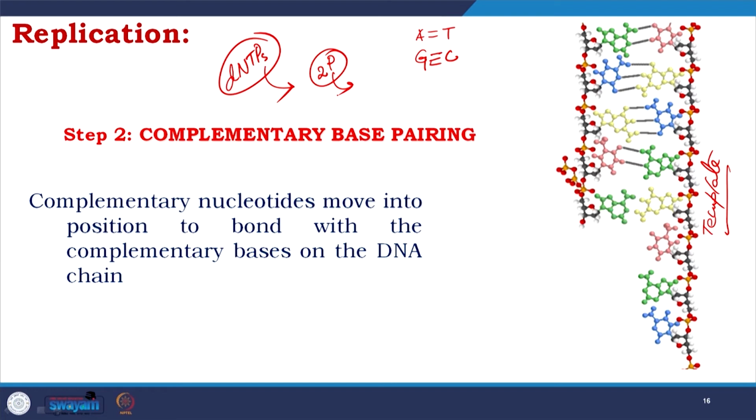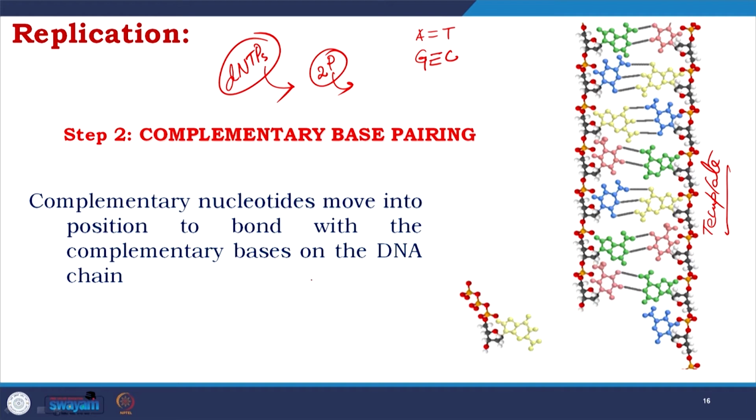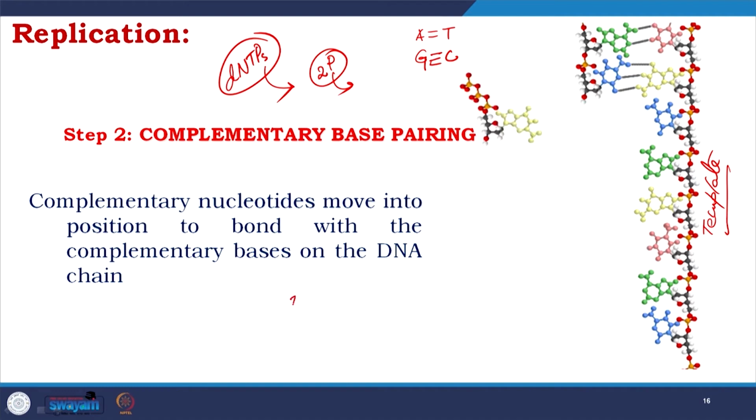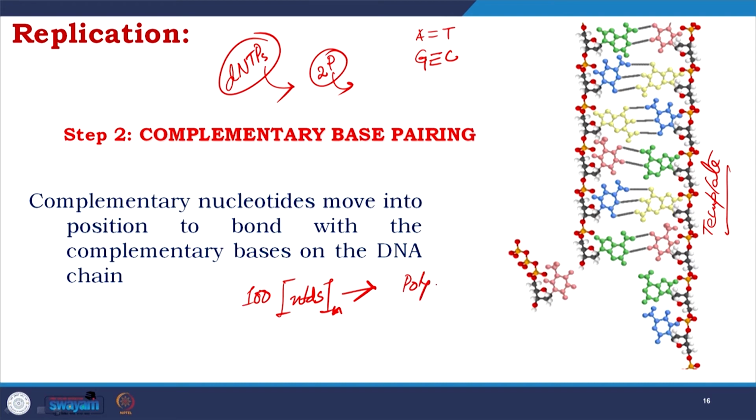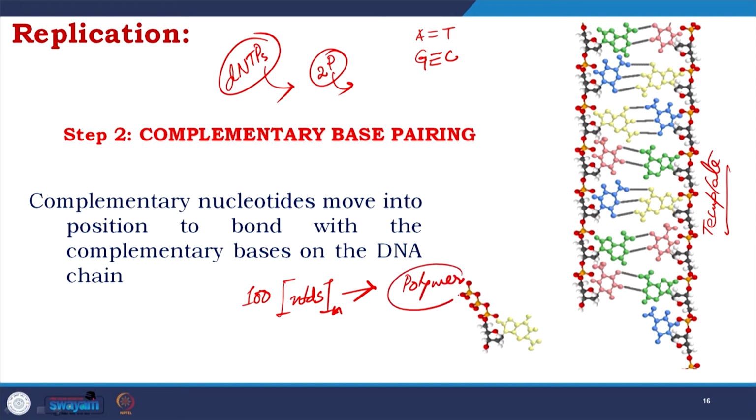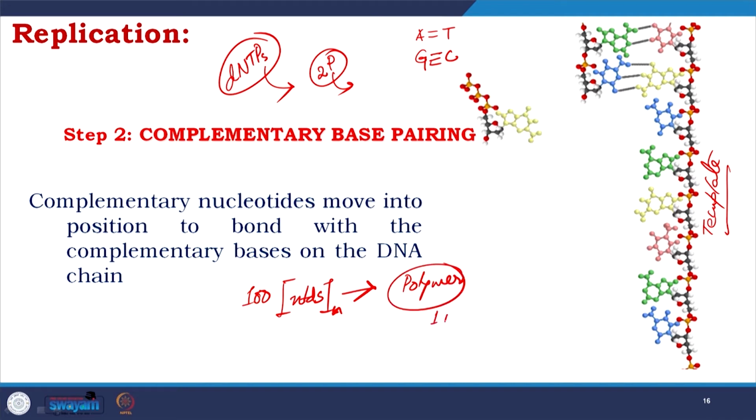This is a very critical and interesting phenomenon. If you think about why they are doing that, take a look at the process of DNA synthesis. The nucleotides, many, so suppose there are 100 nucleotides, let us say, they are forming a polymer from 100 molecules to 1 molecule.